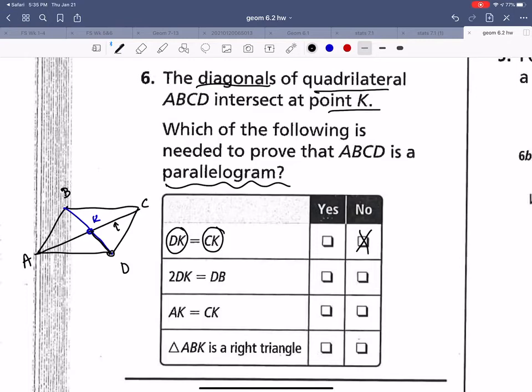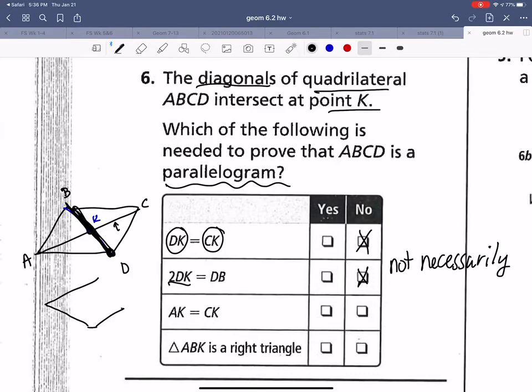What about if two DKs, so one DK and another DK, so that'd be that whole diagonal, is equal to DB? Well, yeah, that just means one of the diagonals bisected, but I'm going to say not necessarily. I'll give you an example why.